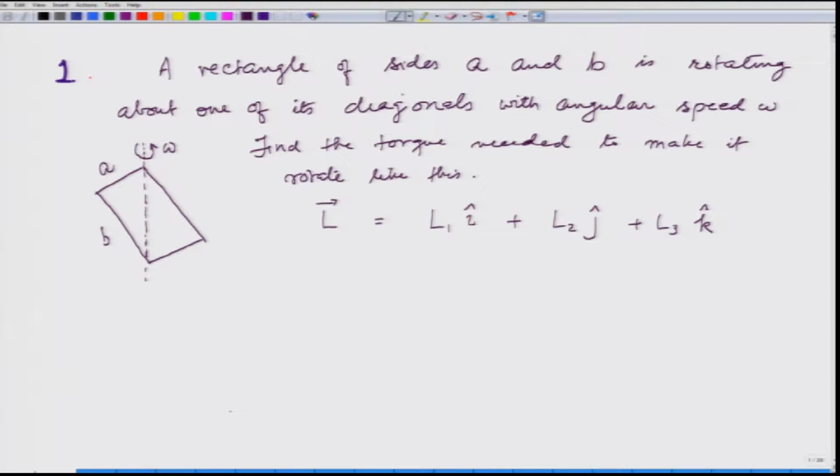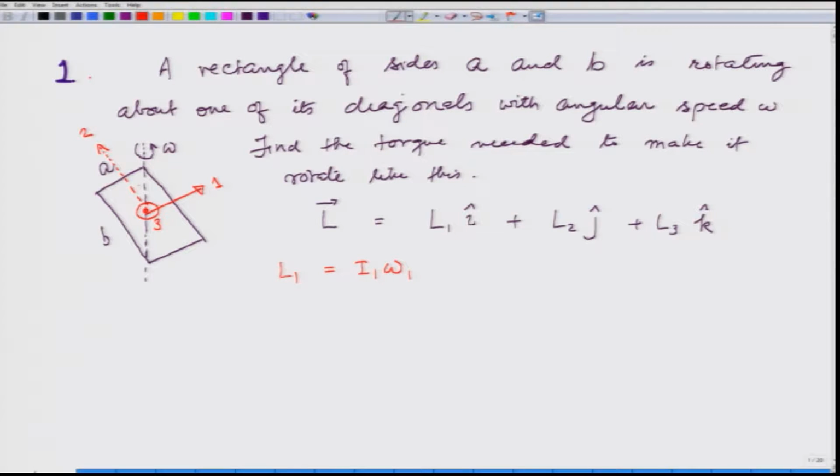Let us make those principal axes. This let me take to be 1 at this position. The axis parallel to the long side, let me take that to be 2, and 1 cross 2, which is 3 at this position, would be coming out. Now, L1 would be I1 omega 1.